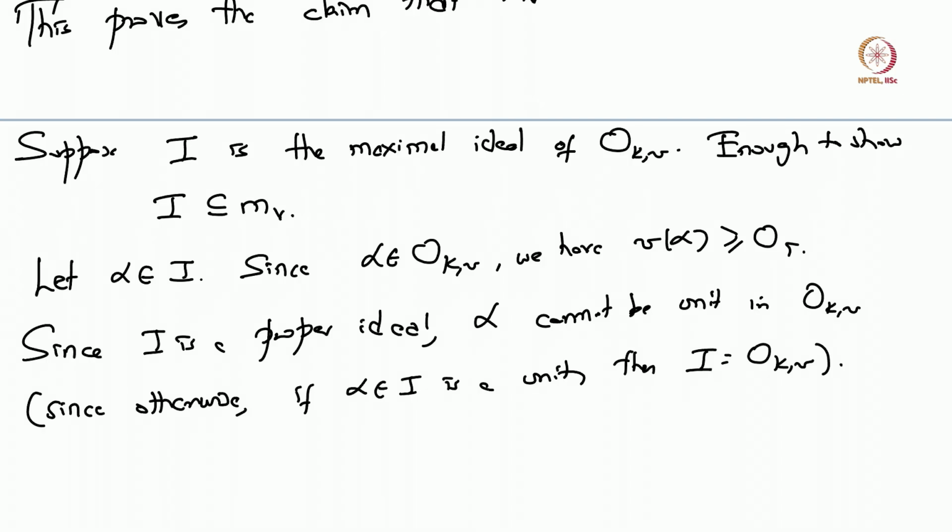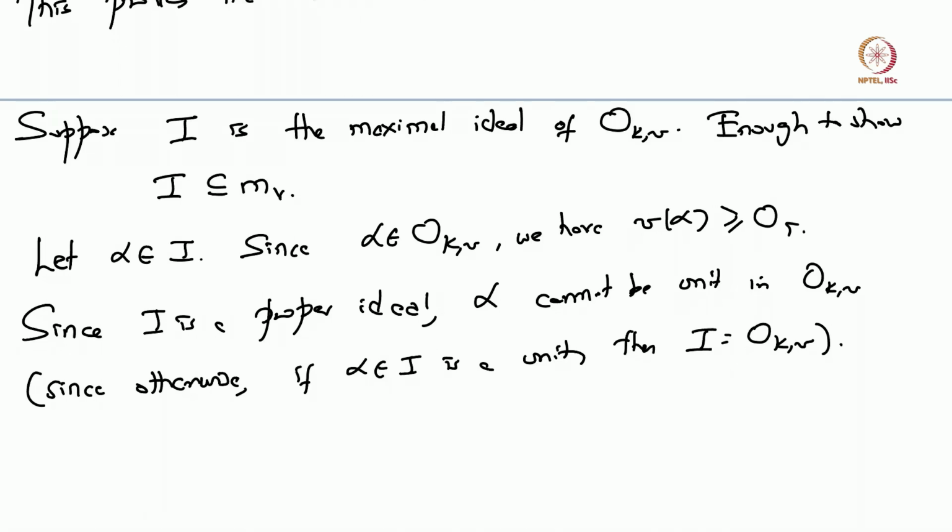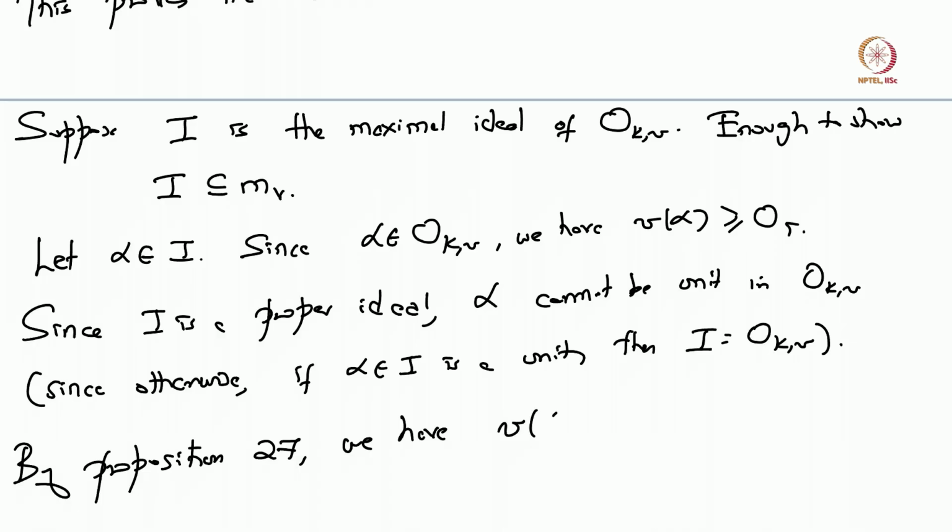So this element alpha has valuation larger than or equal to the identity element of gamma, and it's not a unit. So by proposition 27, its valuation cannot be equal to the identity element of gamma, so its valuation has to be strictly larger than the identity element of gamma.